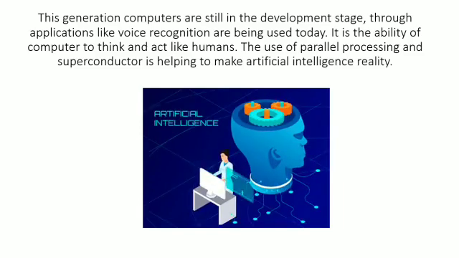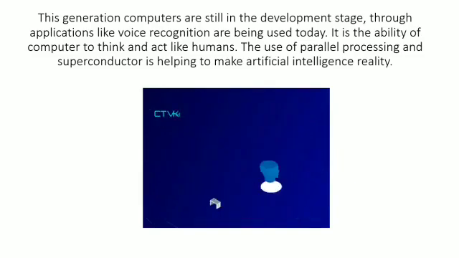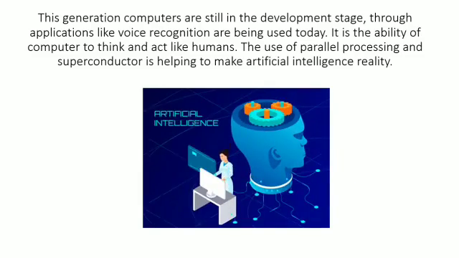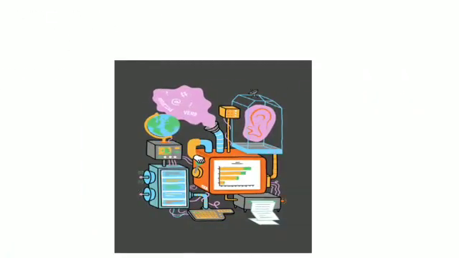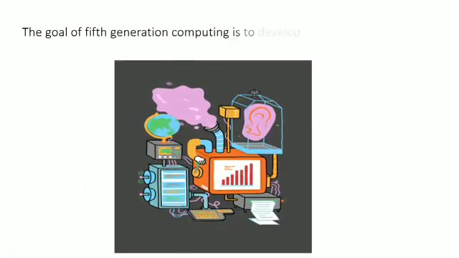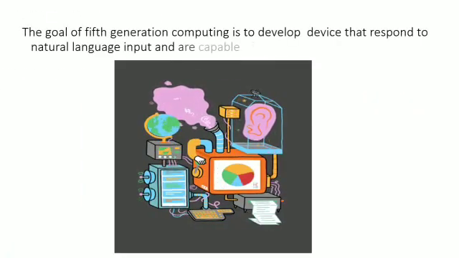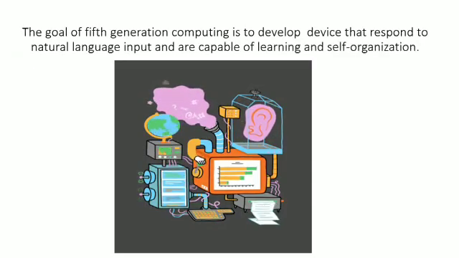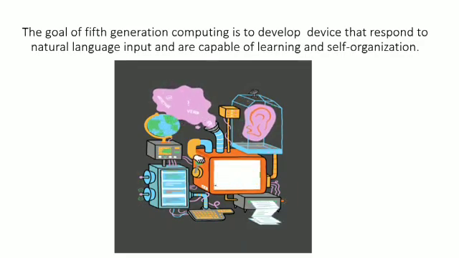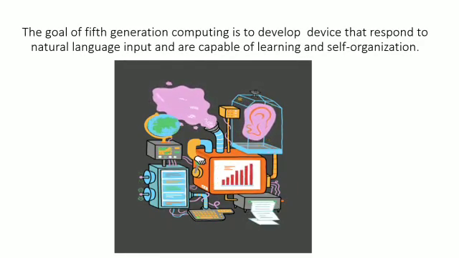The use of parallel processing and superconductors is helping to make artificial intelligence a reality. The goal of fifth generation computers is to develop devices that respond to natural language input and are capable of learning and self-organization.